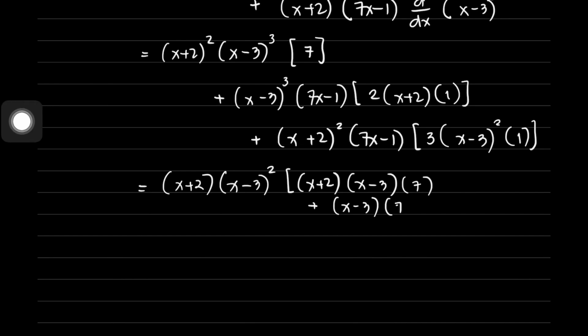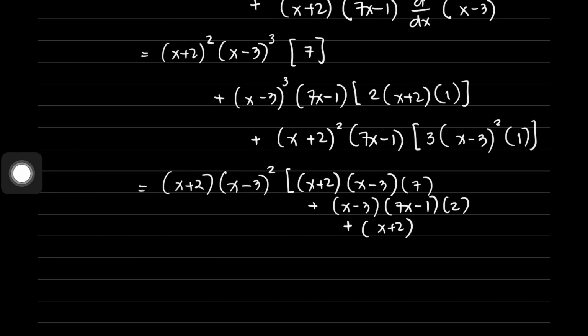We have (7x − 1), and (x + 2) was brought out, therefore that would now be equal to 2 only. And for the last term, we have (x + 2) in here, so the remainder would be (x + 2), and we have (7x − 1), and (x − 3)^2 was brought out. Thus, the remainder in here would now be equal to 3, right?